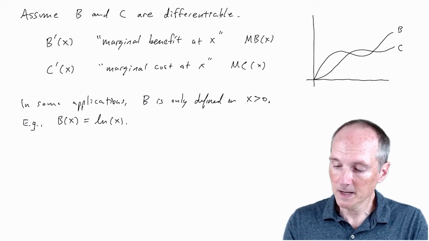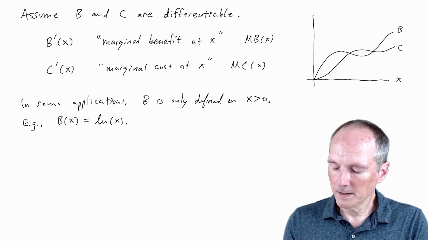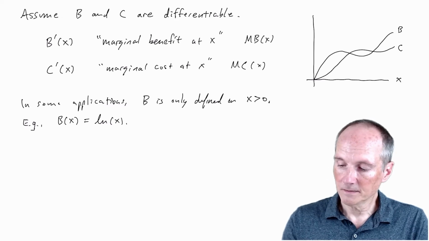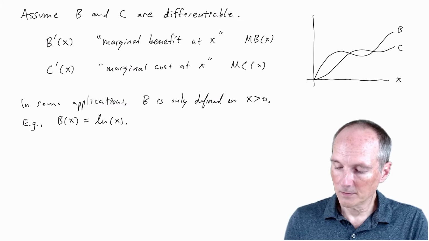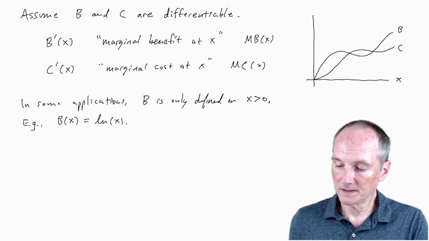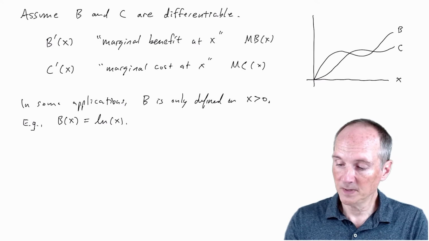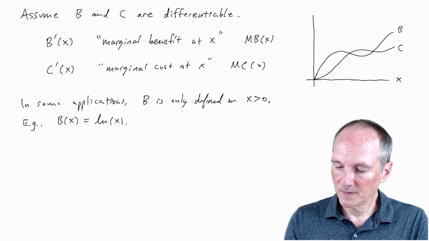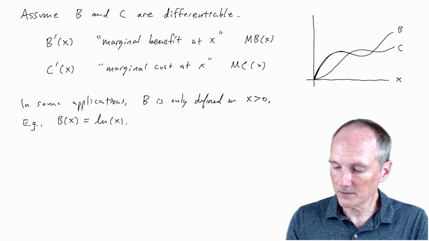For one thing, as x is increasing, so here the horizontal axis represents different scales, the vertical is whatever the units are we're measuring cost and benefit in. Notice that as we increase the scale, the benefit from that increases, but then it goes down.